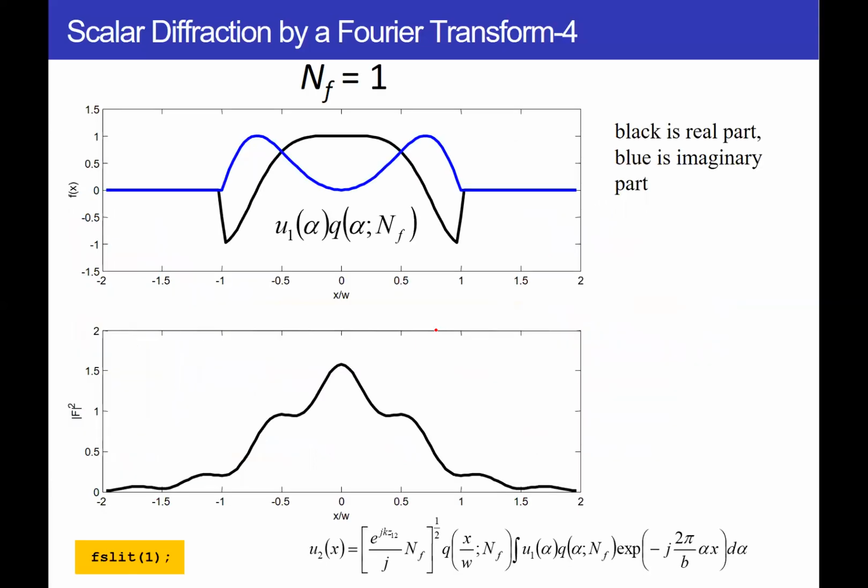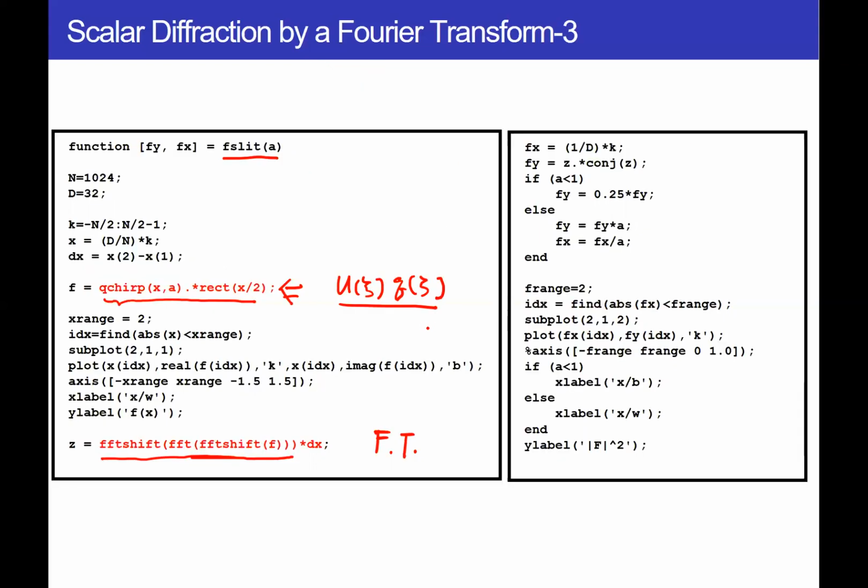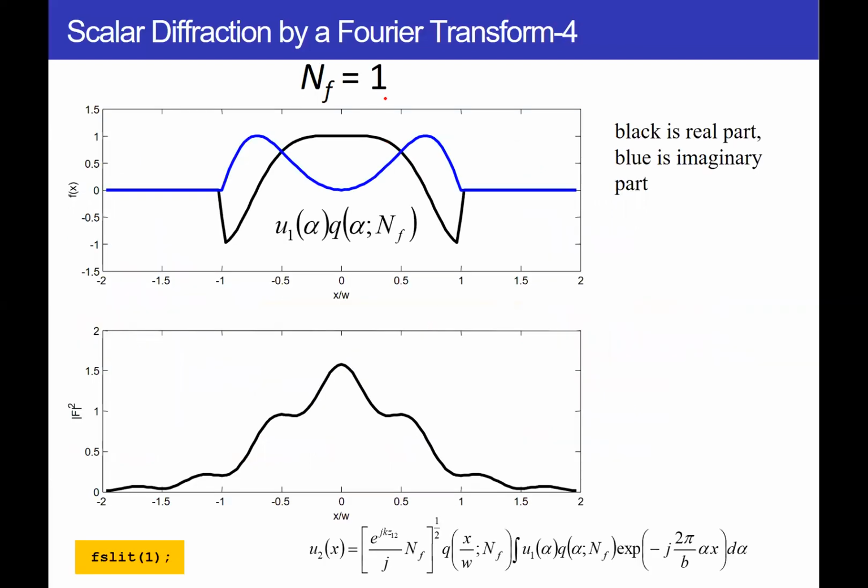And in the routine, it calculates the real part and the imaginary part, and at the same time the intensity. Okay. So for the case of NF equal to 1, this is our function that is going to be Fourier transformed. Okay. This is what we have.